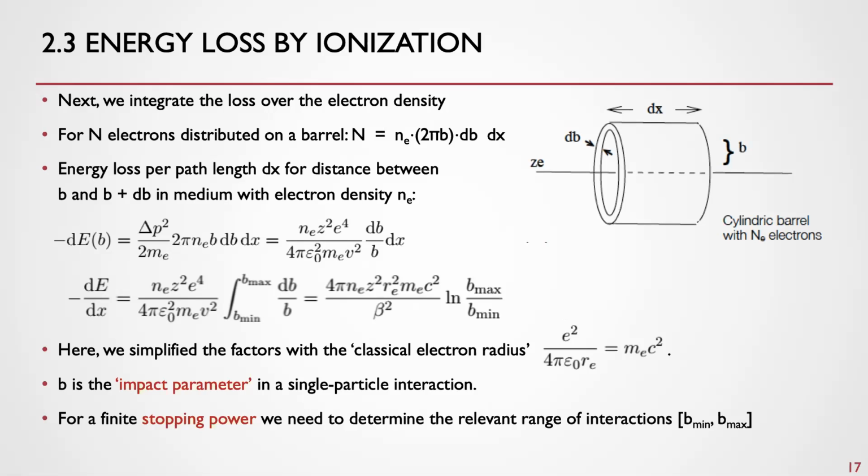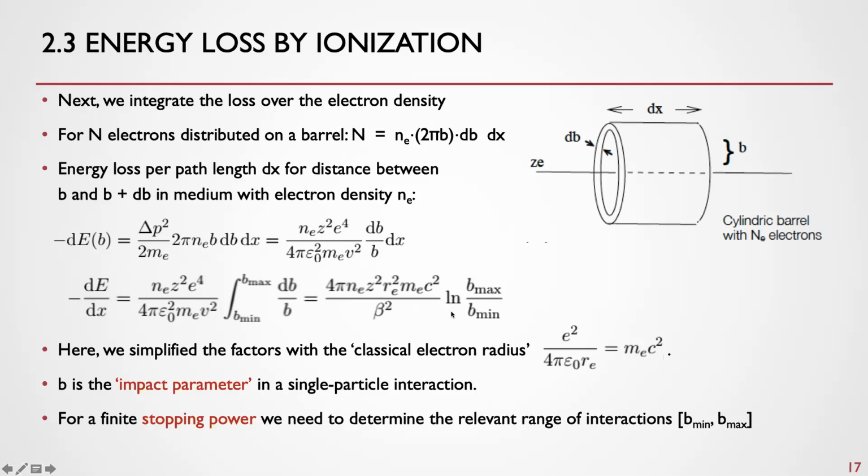In principle, we call this the classical electron radius because below that radius, we are sure that we are in the regime of quantum field theory and quantum theory, because the energies are high enough to create new electrons. For us, that's not important.